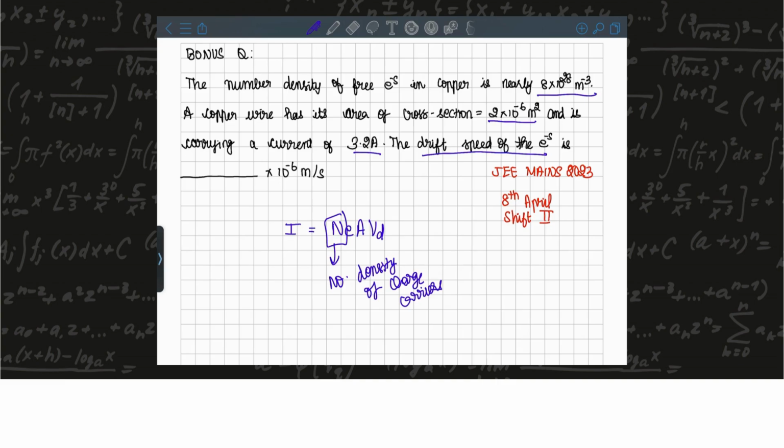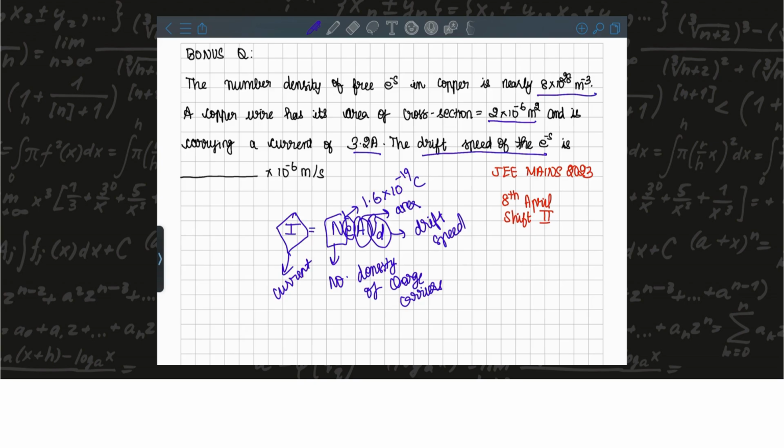E is 1.6 into 10 to the power minus 19 coulomb. A is the area of the cross section. Vd is the drift velocity or the drift speed. I is the current.